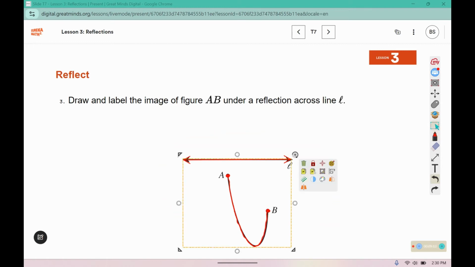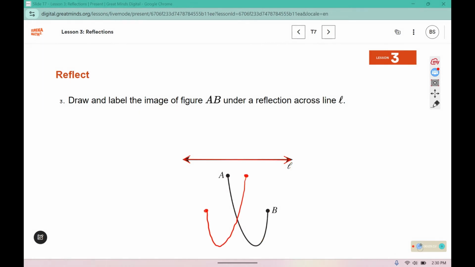Then take that tracing paper and flip it over the line. If yours looks like this, ask yourself, did it go over the line, or is it still on the same side of the line? If your paper looks like this, we need to flip ours the opposite way. Instead of flipping it across, we need to flip it up and down to go over the line.